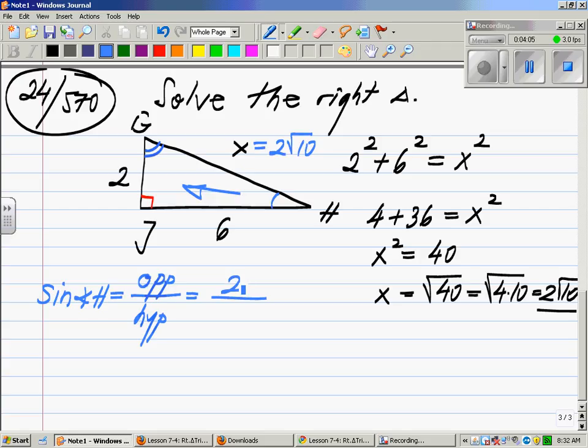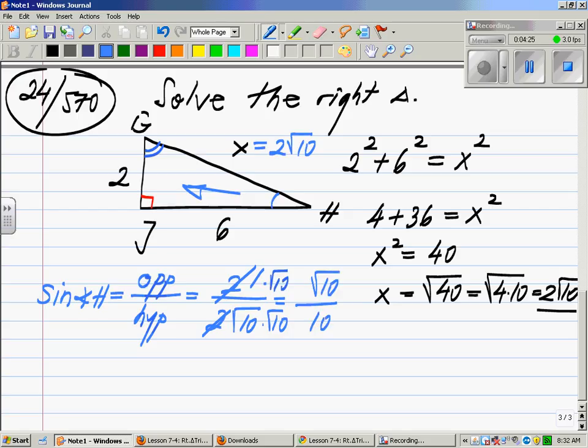So it'll be 2 over 2 square root 10. You simplify by 2, then because you cannot have square root 10 as a denominator, you multiply by square root 10, and you find that sine of angle H is square root 10 over 10.